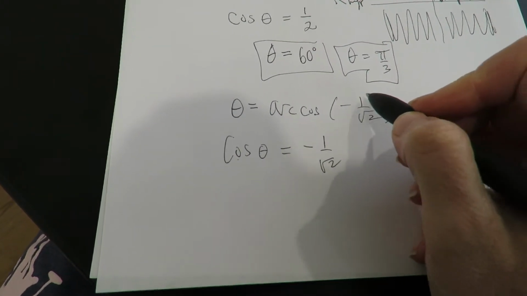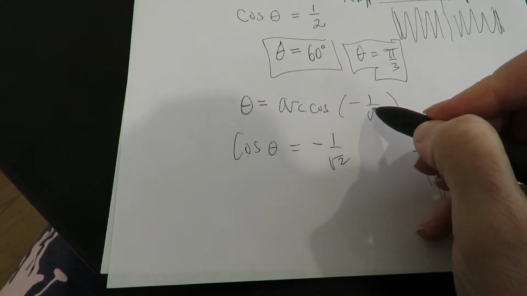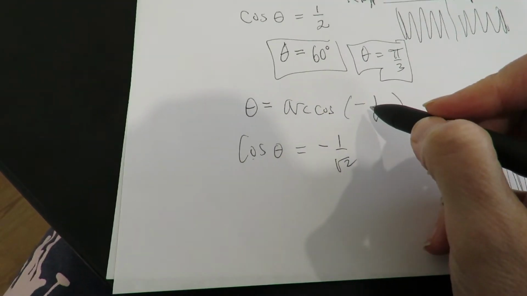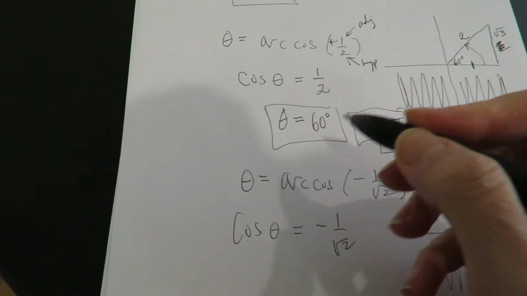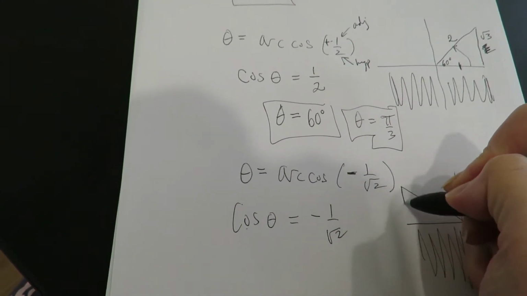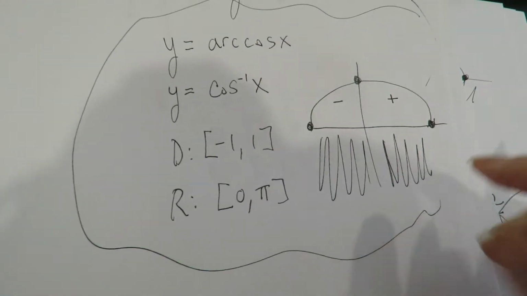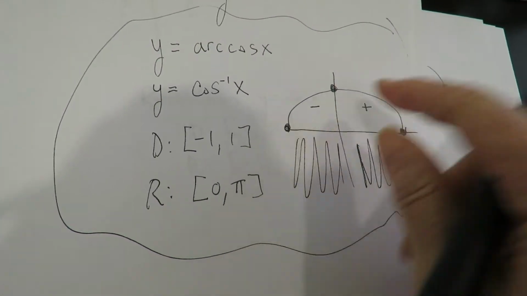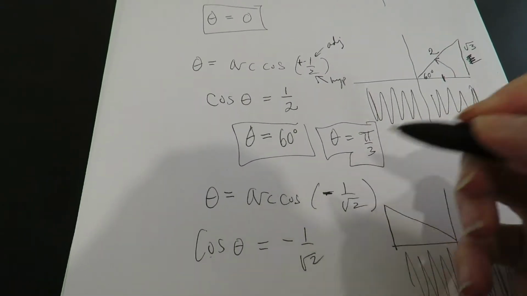When you look at this, it's giving you the two parts of the triangle. It's asking you what angle makes that true. Since this is negative, that means you're in quadrant 2, right? Because the cosine output is going to be negative in quadrant 2. So that part tells me I'm in quadrant 2.